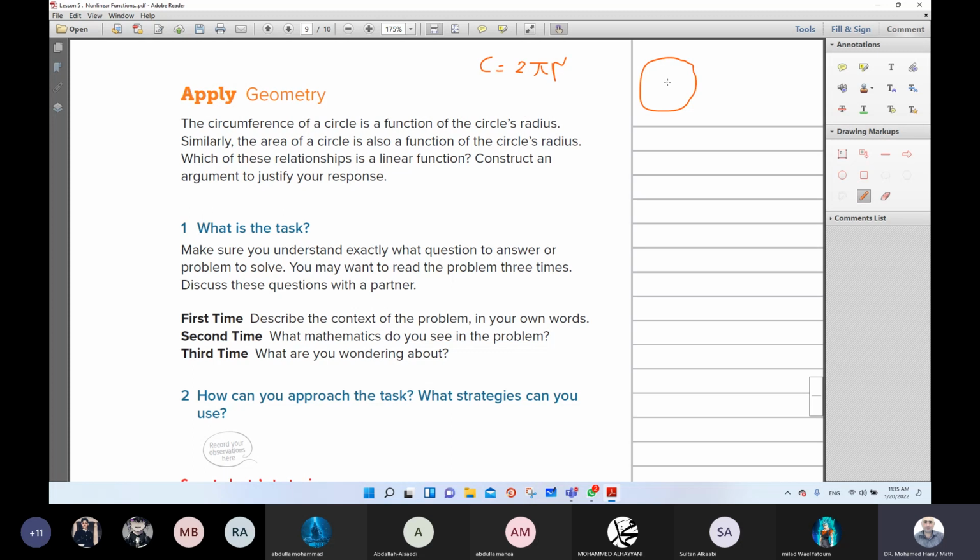The radius means the distance from the center of the circle to any point on the circumference of the circle. This distance, the radius. So the circumference is a function of the circle's radius. Similarly, the area of the circle is also a function. And as you remember, the area of the circle A equal pi r squared.